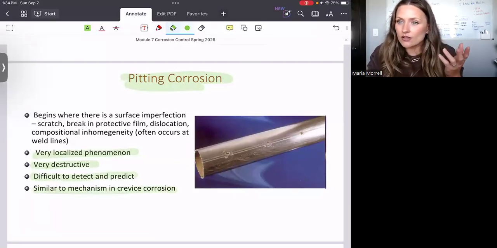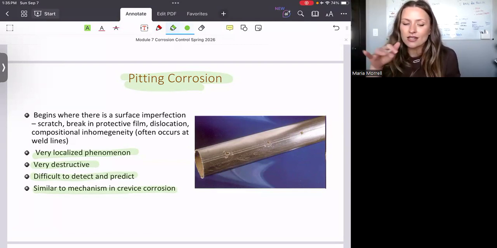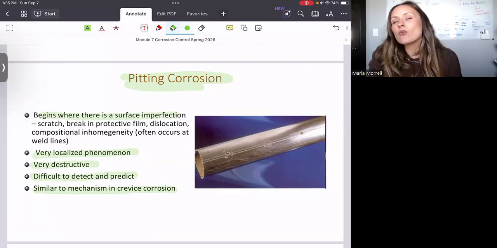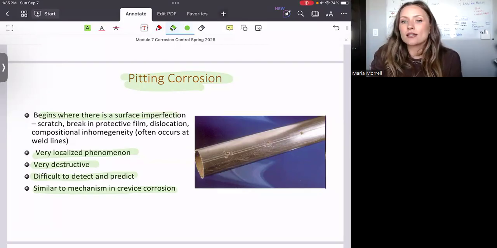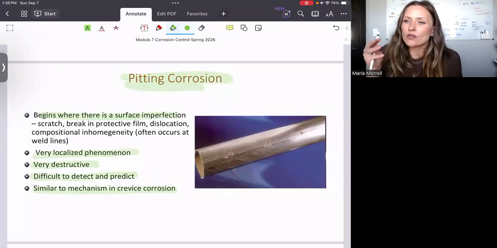It's very similar to crevice corrosion, right? We do know how the crevice happens. The corrosion happens in the crevice. Now, typically, this begins where there's a surface imperfection. And I don't want you to think of the surface imperfection as just a scratch or a dent in the protective film. All of this can be, right? But I also want you to think of the imperfection that can happen composition-wise.